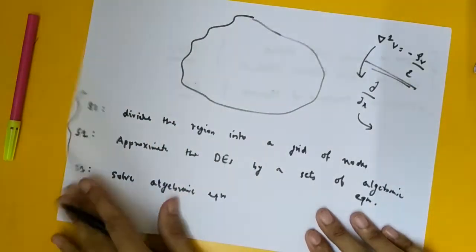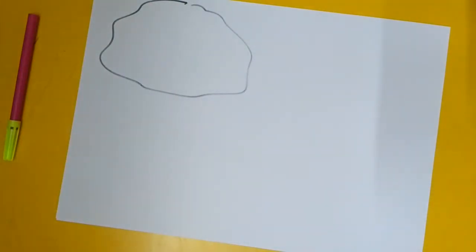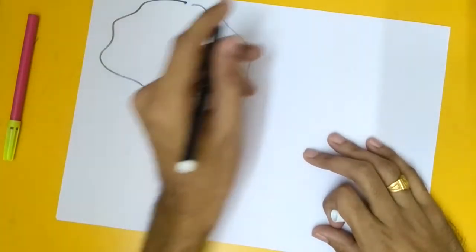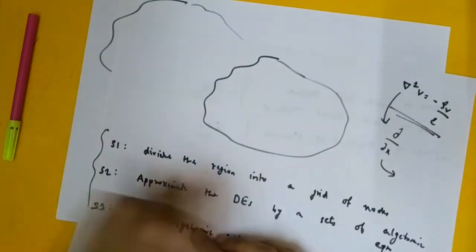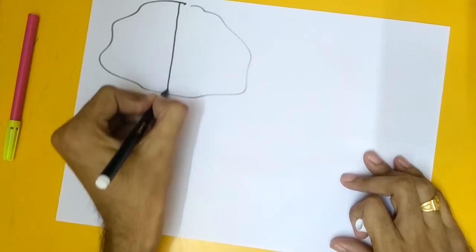So again I'll take this surface. This huge surface is there. So I divide it, as the first step said, into a grid of nodes. Let's say this is my grid.